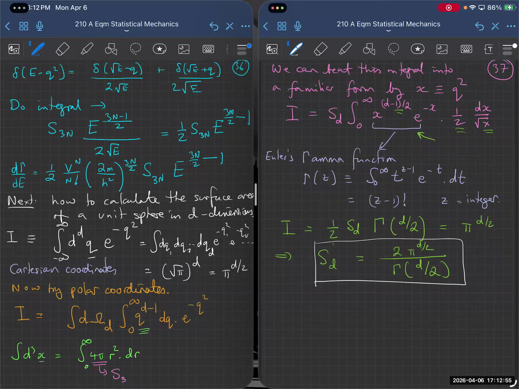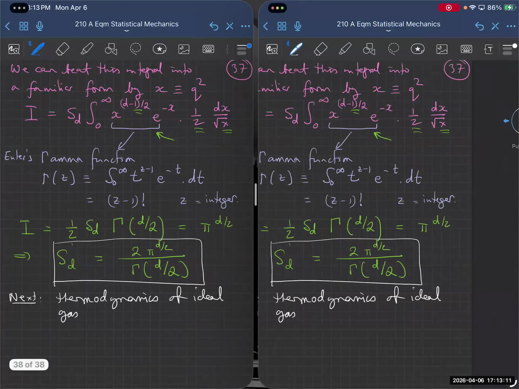So now the next thing I want to do is compute the thermodynamics. We've done all the work, so it actually isn't hard.